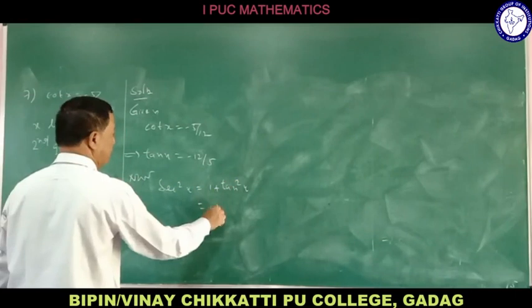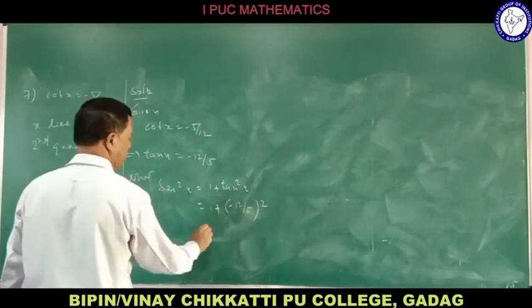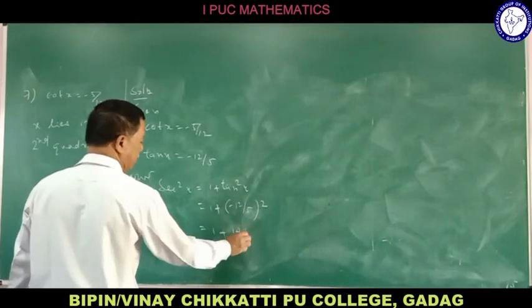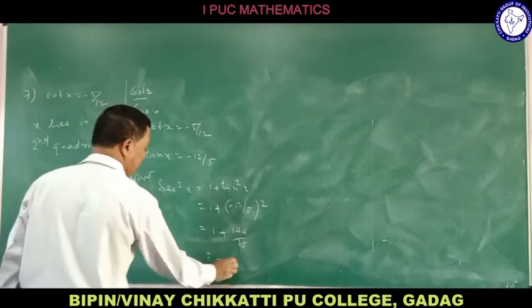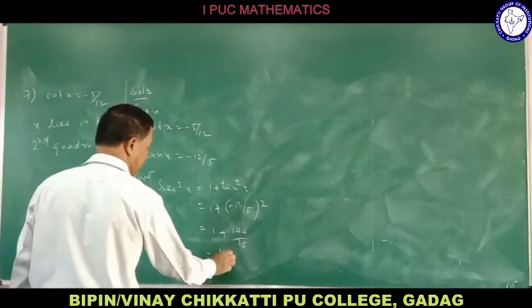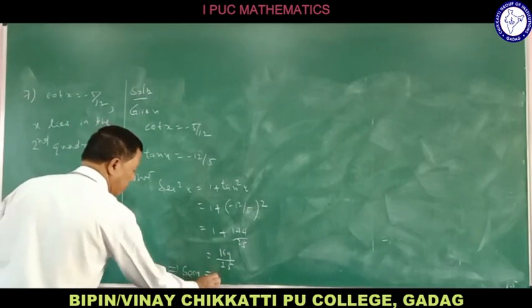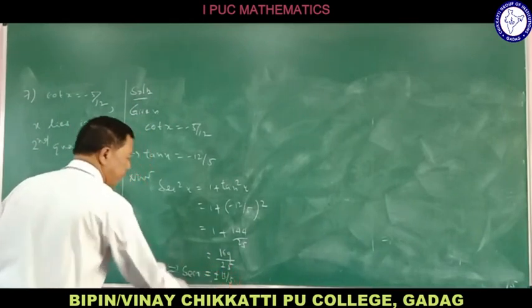So 1 plus what is tan x? Minus 12 by 5 whole square. This is 1 plus 144 divided by 25. This is 25 and here 169. So this implies sec x is equal to plus or minus 13 by 5.